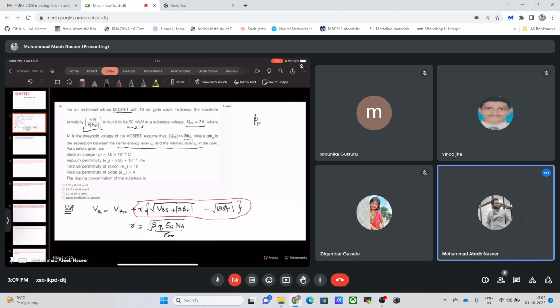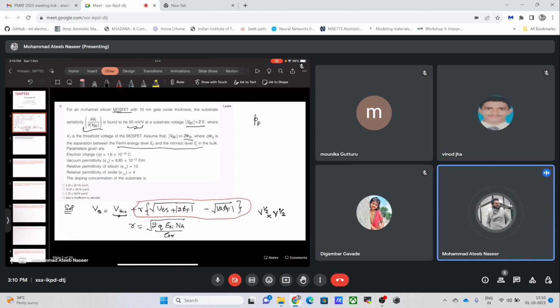Okay, so it's simple. Since this VBS or this phi has a unit of root of volt, this gamma will have the unit of root of volt as well, because if we have to add these two quantities, VTHO and this quantity given in this red circle, we need unit consistency.